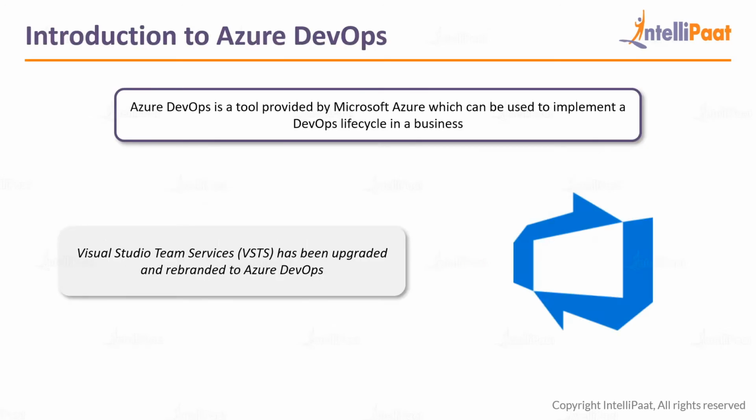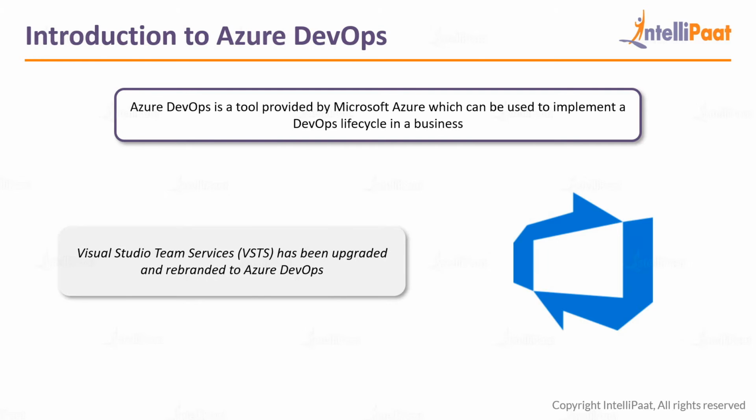So first, Azure DevOps is a tool provided by Microsoft Azure, which can be used to implement a DevOps lifecycle in a business. I think you should first understand what is Azure and then what is DevOps before starting off with Azure DevOps. So Azure DevOps is not a methodology.